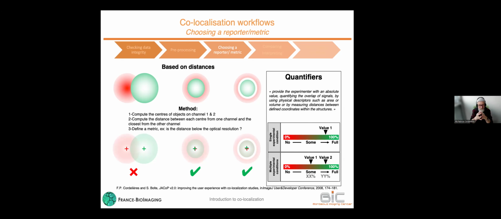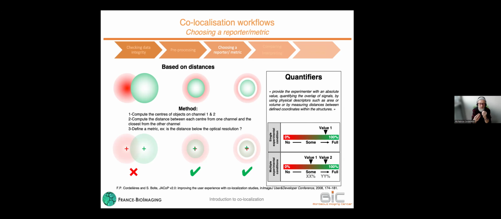Another flavor of colocalization, you might this time try to summarize your objects by their centers. This is a shortcut that you may take, especially if you've got objects that are really small relative to resolution.